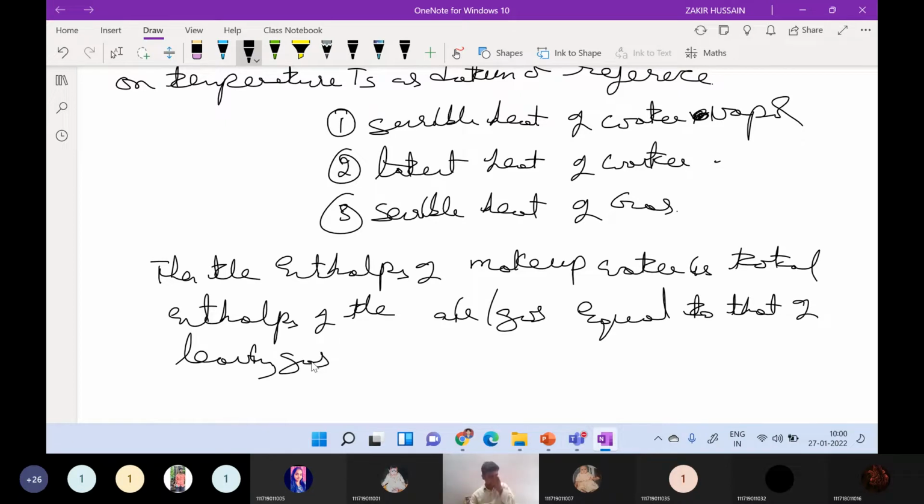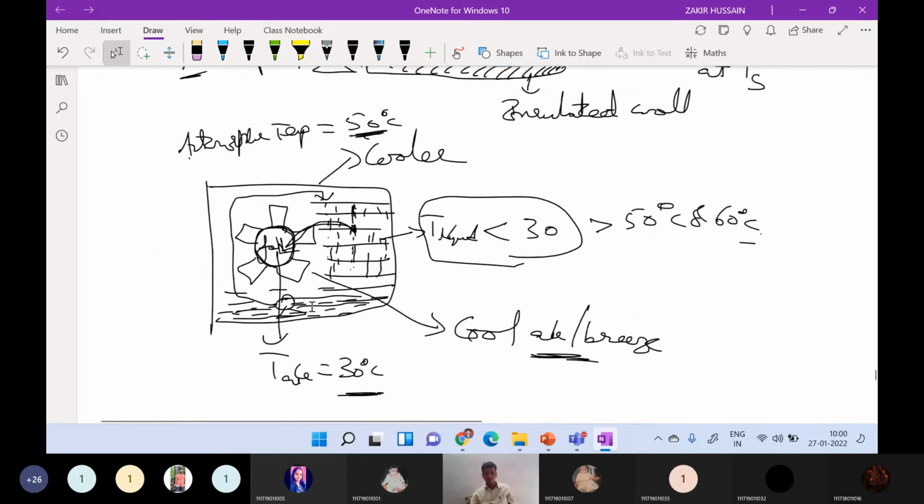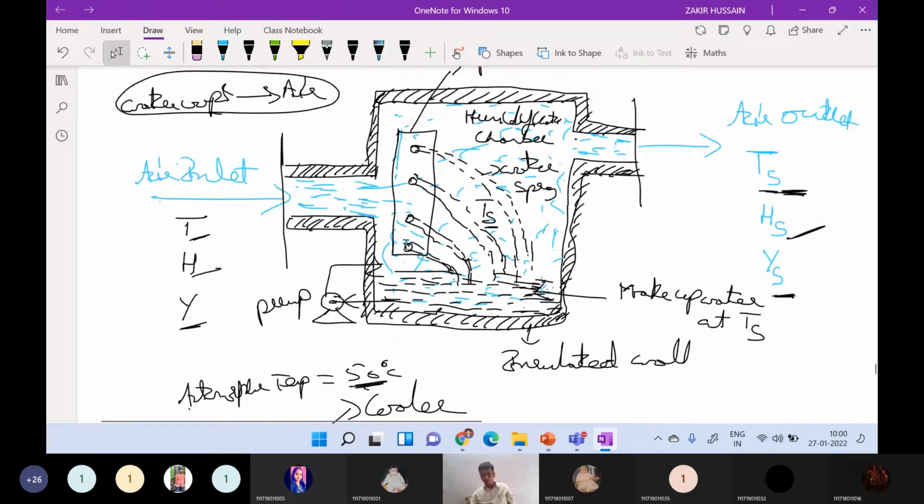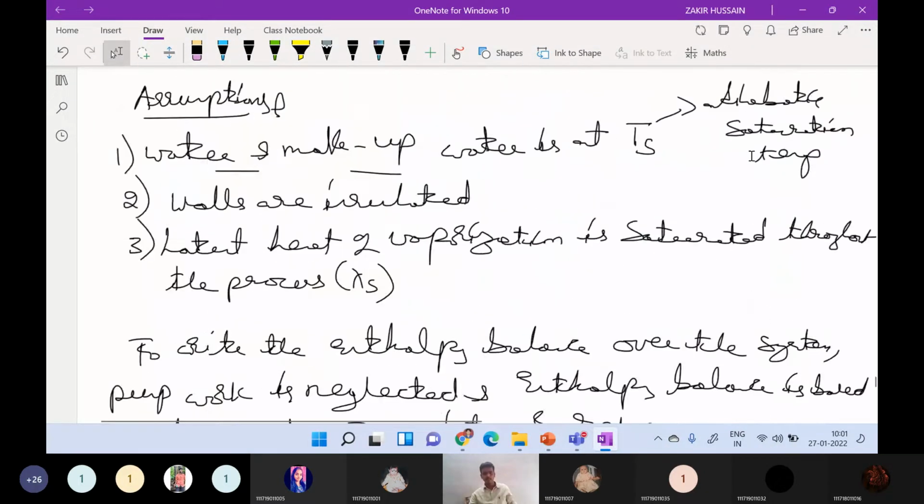So where is the enthalpy addition coming from? The heat from the water is getting transferred to the surrounding air. Whatever enthalpy is given by the makeup water is equal to the air enthalpy coming from the air outlet. That is the condition there.